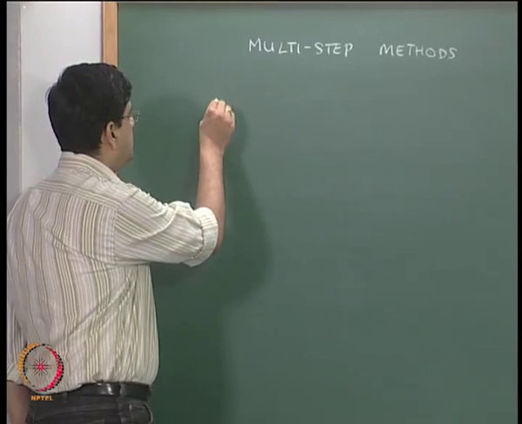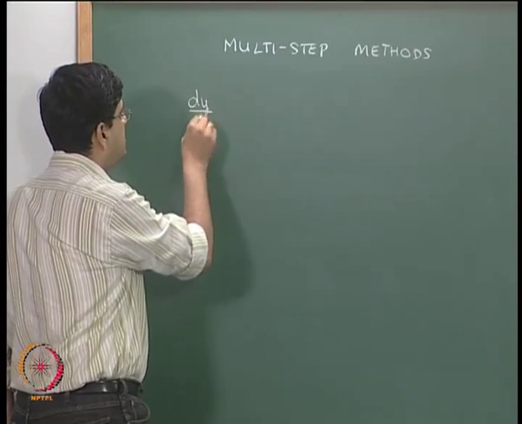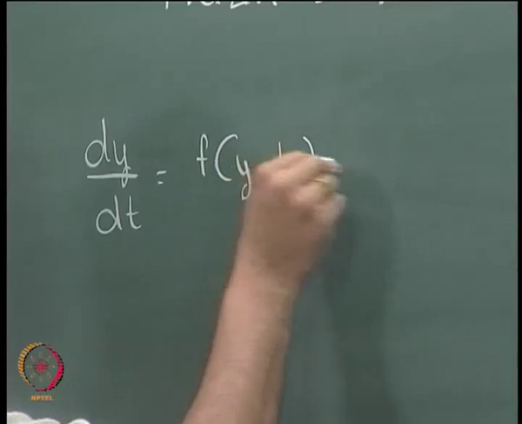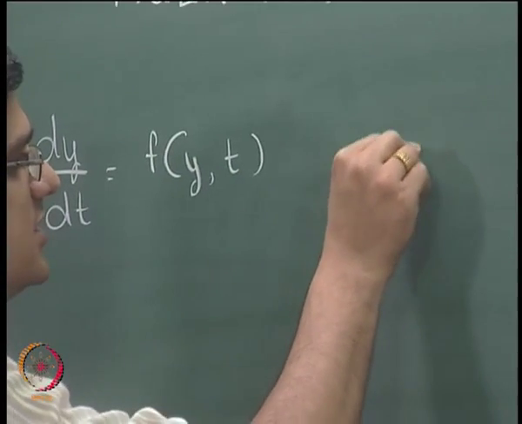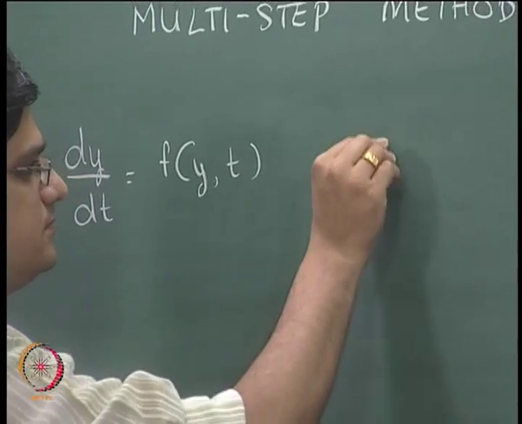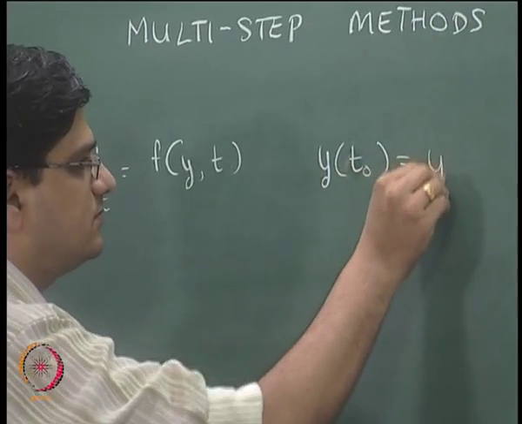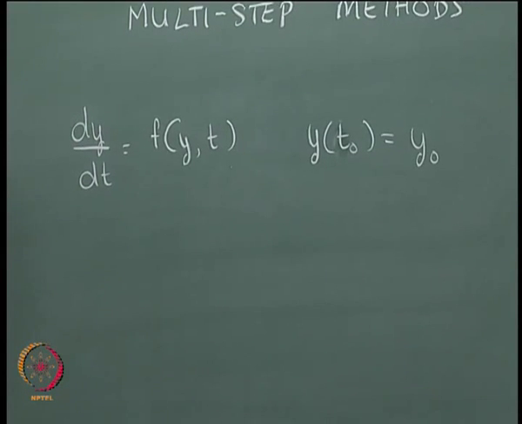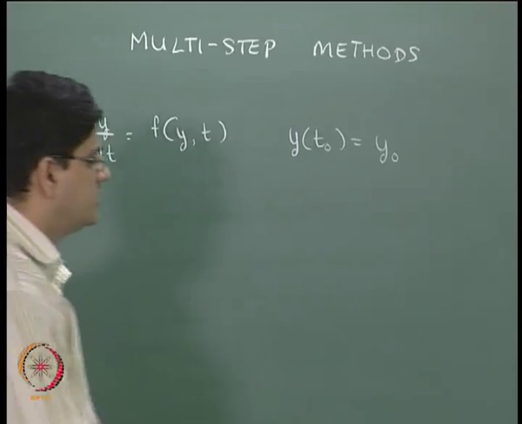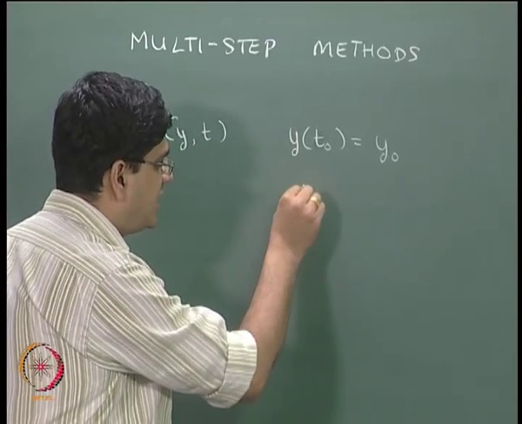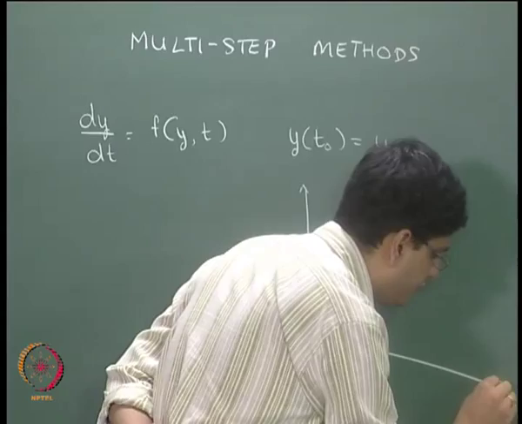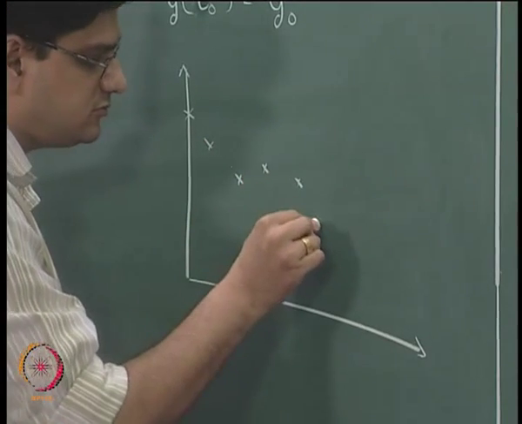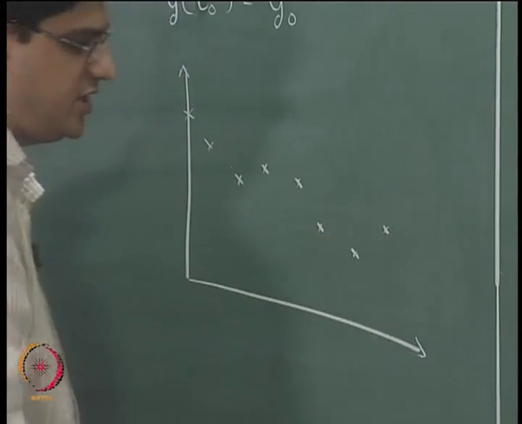Okay, so what we are trying to solve is the equation of the type dy by dt equal to f of y comma t, starting with y at t0 equal to y0. Okay, and using the chosen method we have somehow reached time ti, and at time ti we have data at various past values.